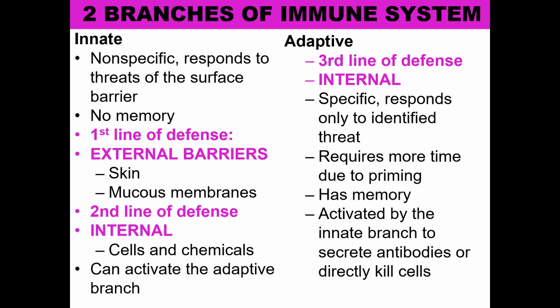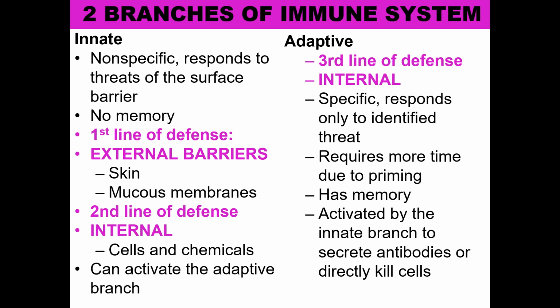If an invader breaches your skin or mucous membranes, then we're going to have the second line of defense, which is internal, right? Because that's external, because it's your skin. And this is going to include some cells and chemicals that produce some processes. Some cells will kill directly, some will produce chemicals that trigger a cascade of reactions to attack this.